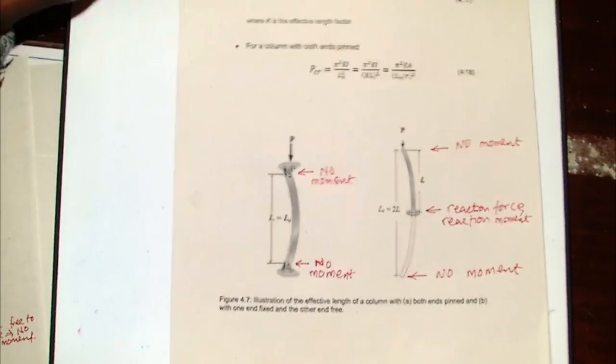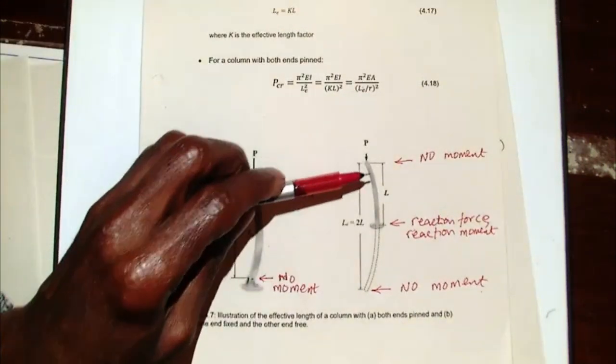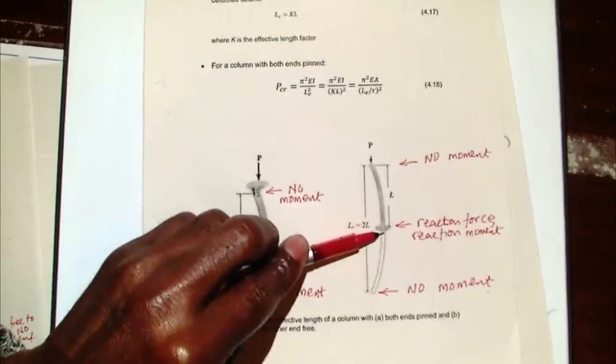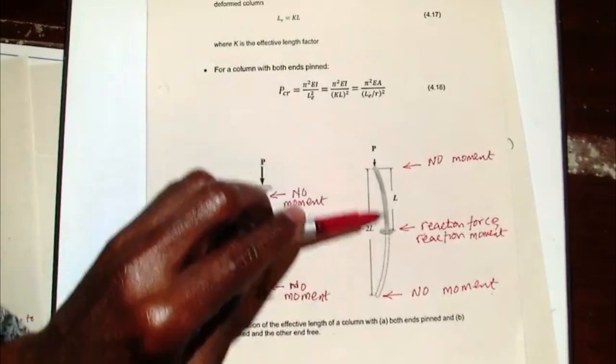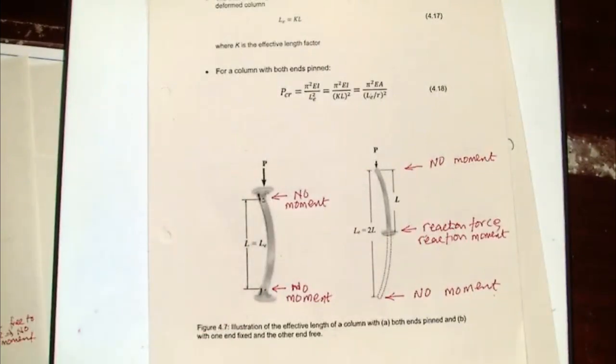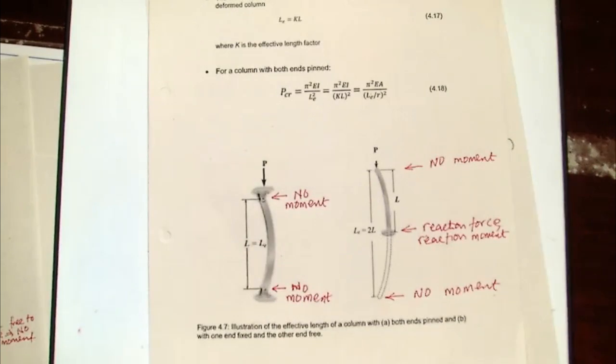If you go to the second one, where one end is fixed and the other one is free, the end that is free has no bending moment. But I have moment where it is fixed. So the length of that structure is not my effective length, because effective length is the distance between two points with no bending moment. So I would ask myself, is there any way I can look at that structure and find what the effective length would be?